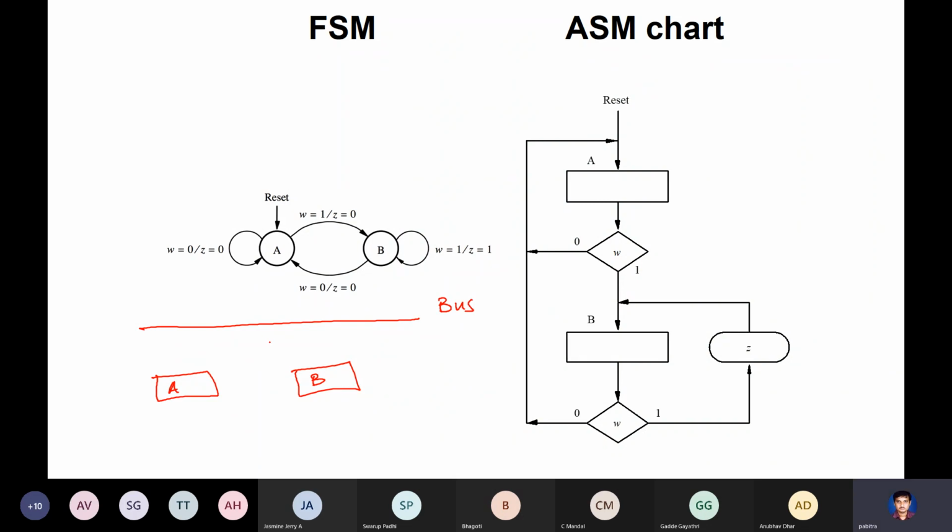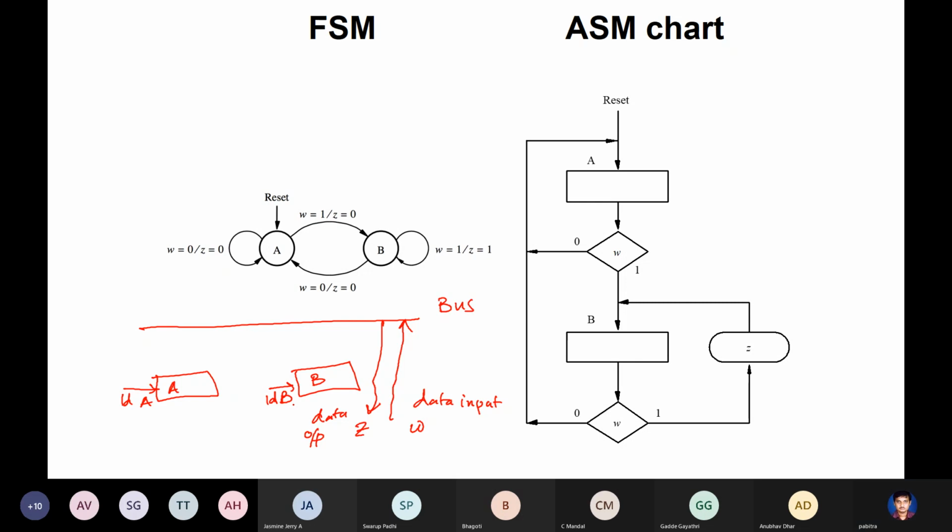And maybe I have a data input, which gives me W, and maybe a data output also, which gives me Z. Okay, and this will have a load input, and this will have a load P. Do I need anything else?